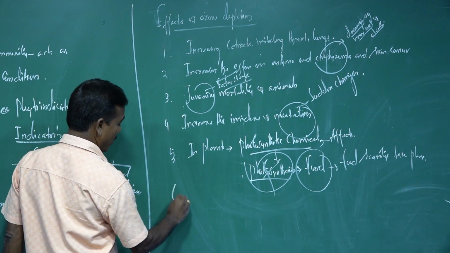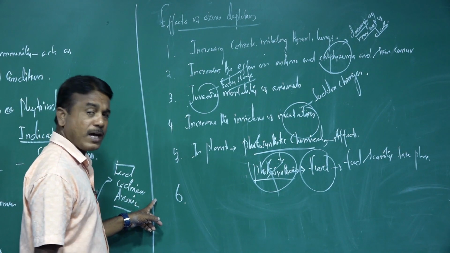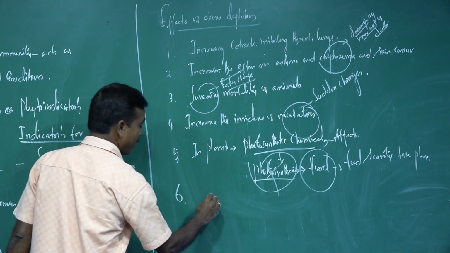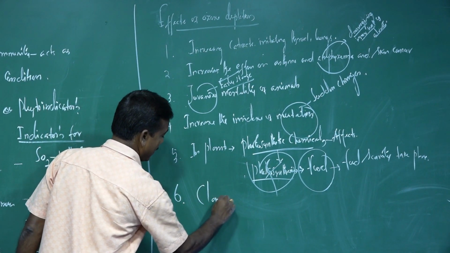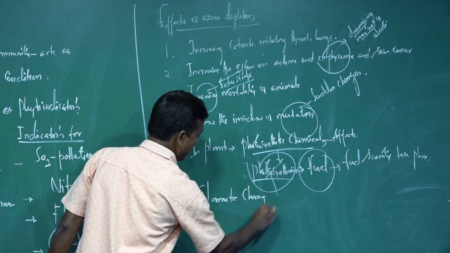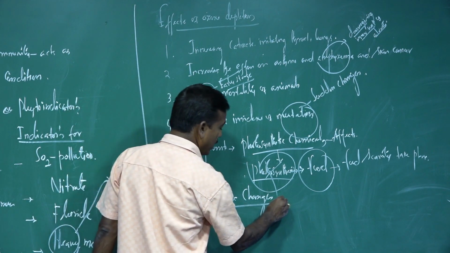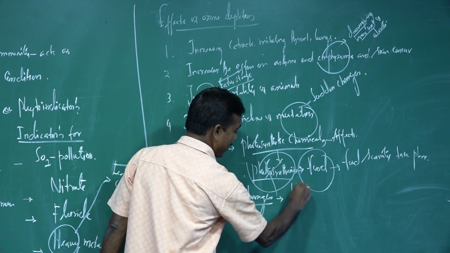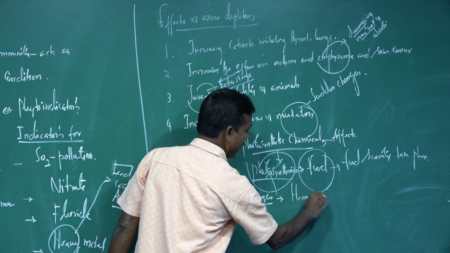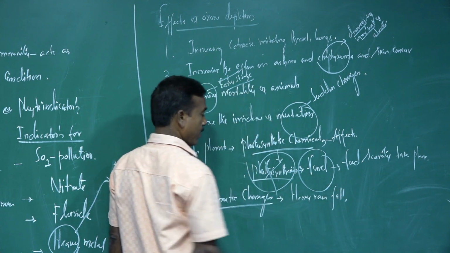Then the sixth one: increasing temperature causes some climatic changes. What climatic changes take place? Due to the increase in temperature, there is heavy rainfall and floods in some places.